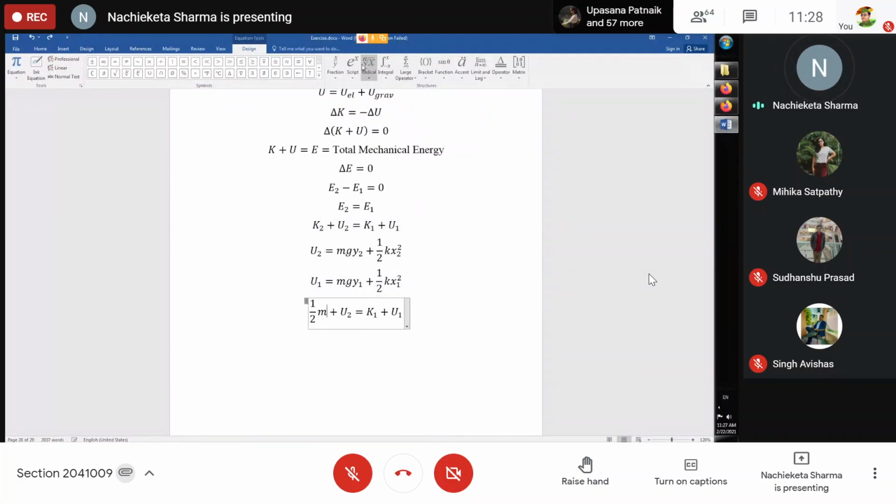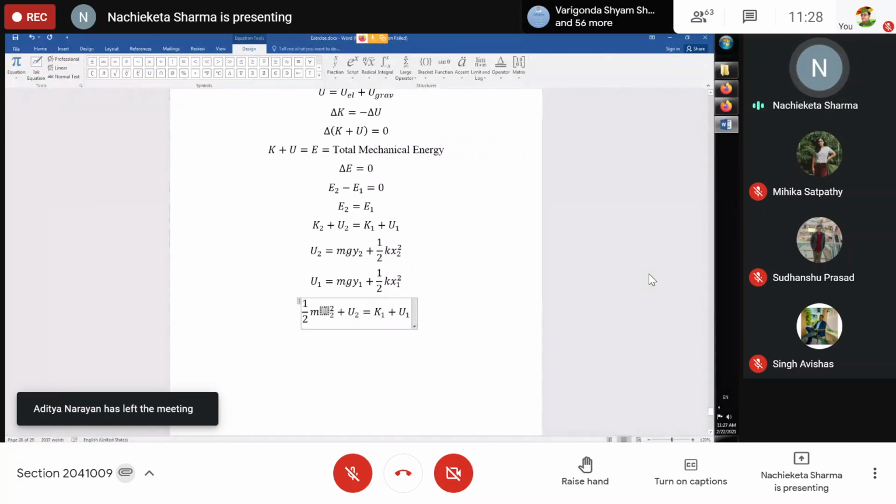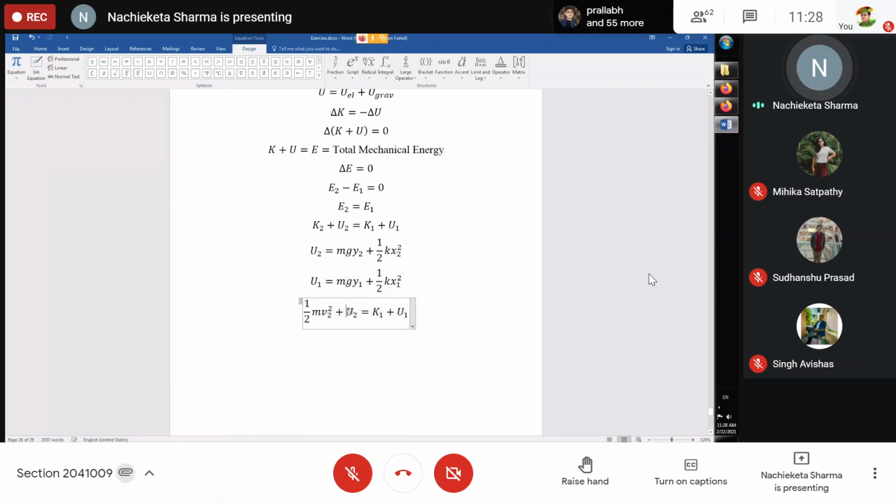So half mv2 square, and in place of this U2, I'll write this equation, isn't it? mg y2 plus half kx2 square is equal to the initial sum of the kinetic energy and the potential energy of the system.